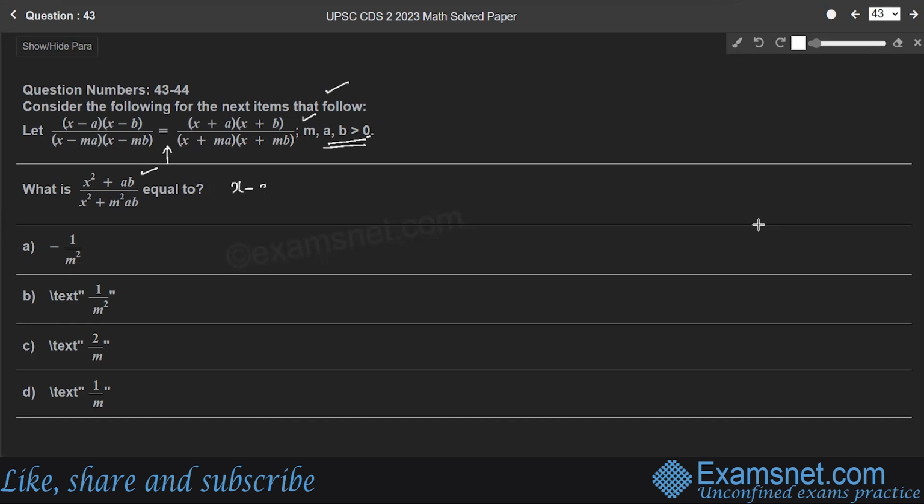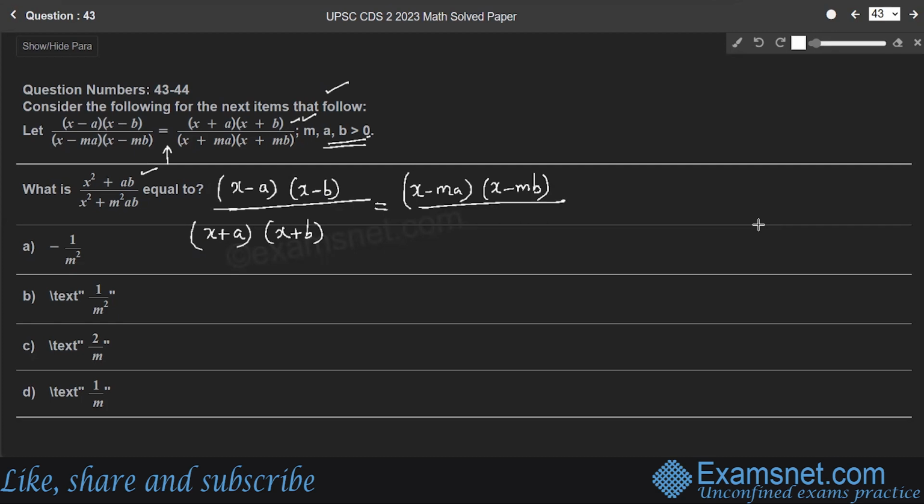In x minus a into x minus b, we will take x plus a into x plus b from the right hand side part to the left hand side, where it becomes the denominator. X plus a into x plus b is equal to x minus ma into x minus mb, whole divided by x plus ma into x plus mb.